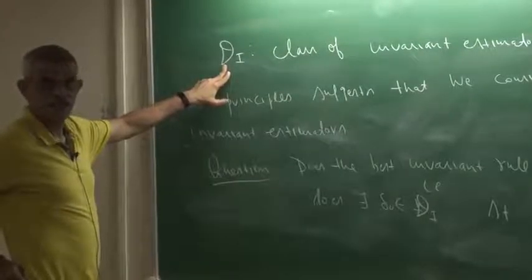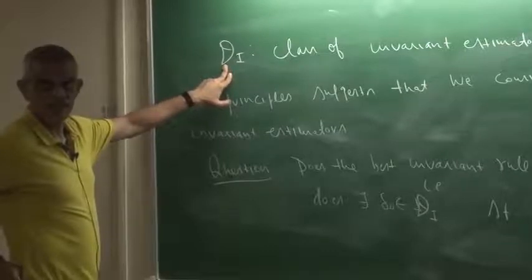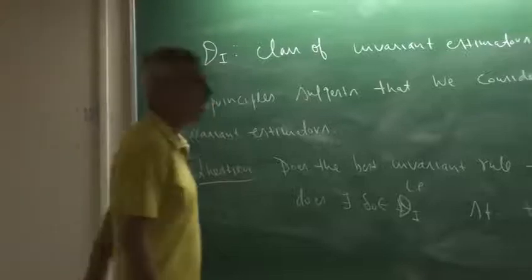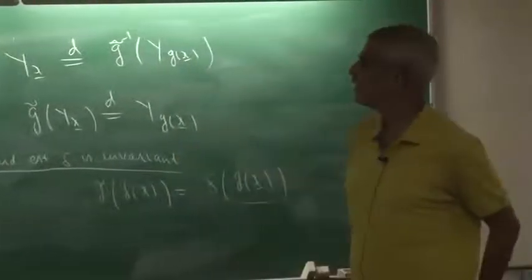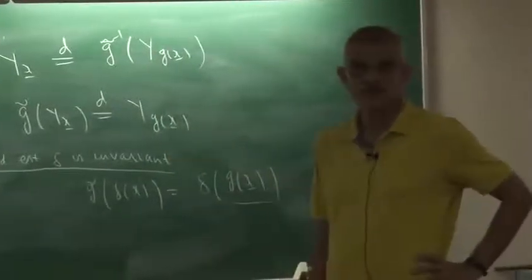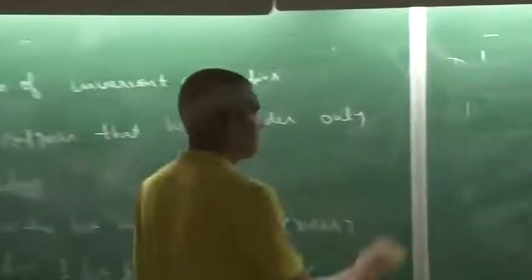And we saw that if you impose the criterion of unbiasedness, there is a possibility that I may get the best estimator. So the same issue we are faced with over here, whether I can get a best invariant rule. Now, the answer to this would be easier if we prove the following result.